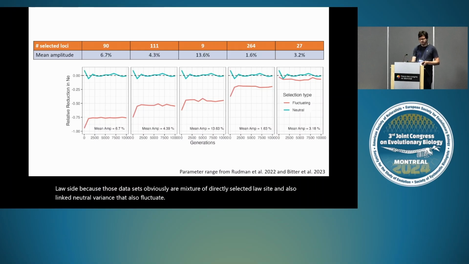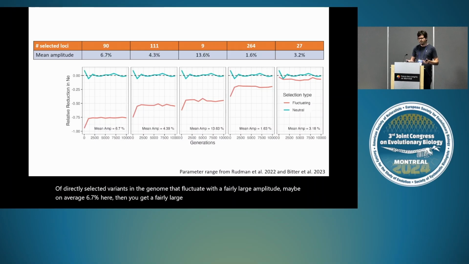So what we did is we simulated under a range of different numbers of selected loci and mean amplitude, and we get very different results, right? If there's a lot of directly selected variants in the genome that fluctuate with a fairly large amplitude, maybe on average 6.7% here, then you get a fairly large effect.